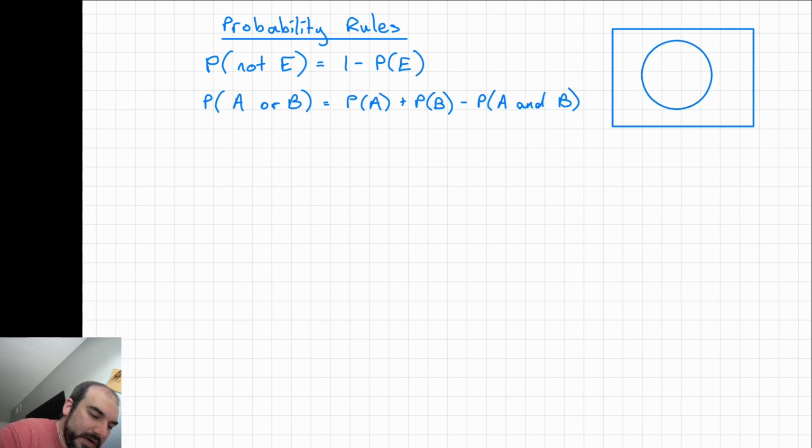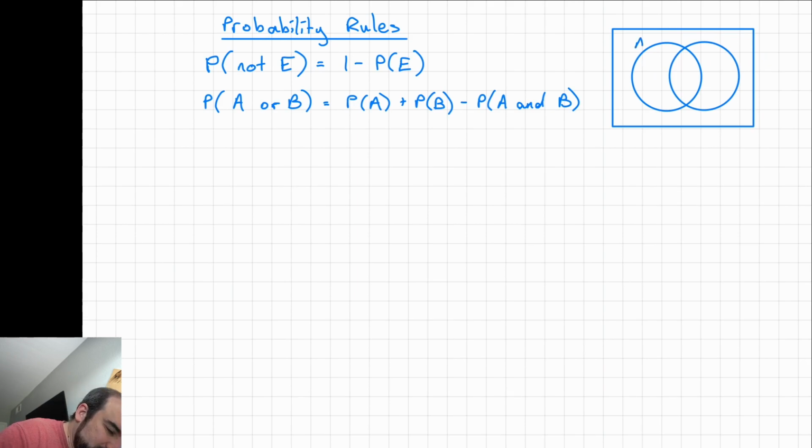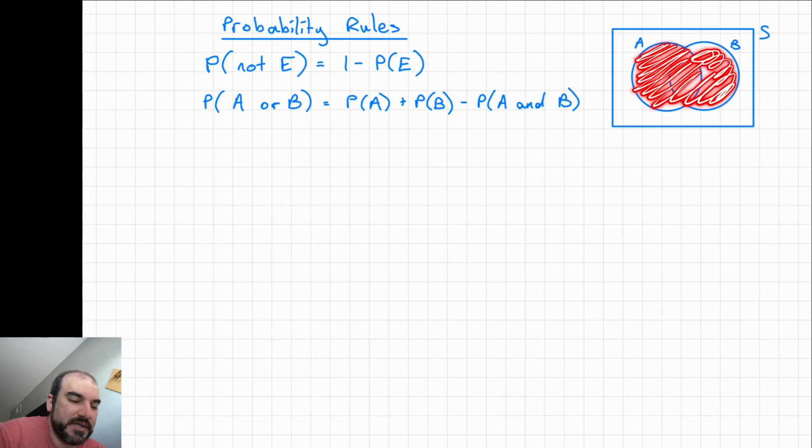If I have two events, and this is my event A, and this is my event B, and this is my whole sample space as the box, I want to find the probability of A or B happening, which means I want the number of elements in this joint A and B joined together space, which means I want to add these two areas together.